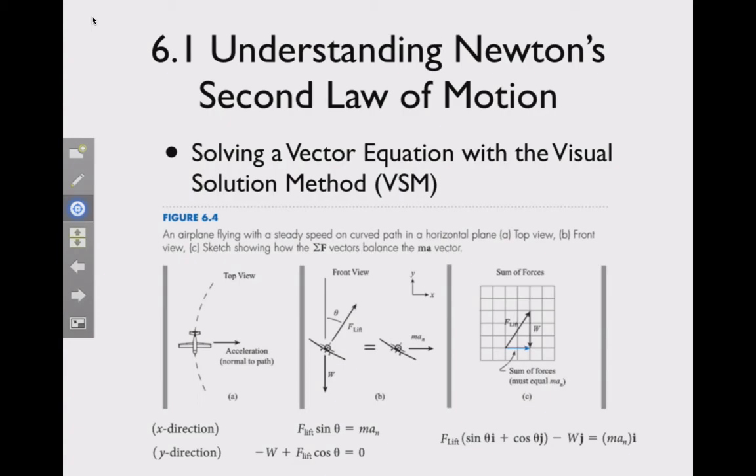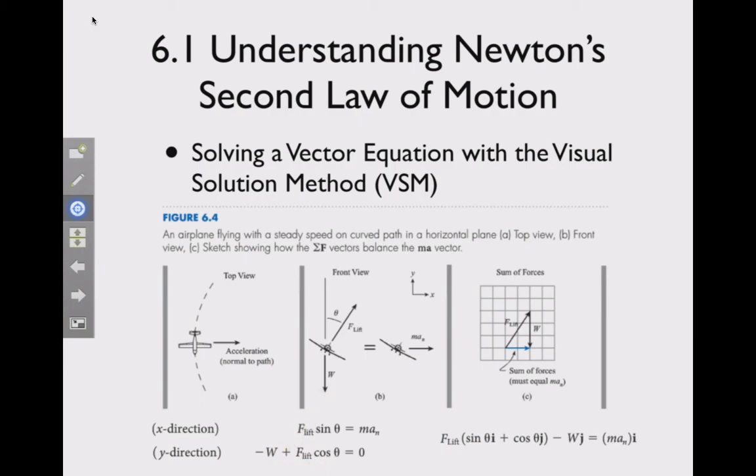This visual solution method takes these pictures, and you can then write down the forces from them. We can see that the sine of the lift force has to be equal to the mass times this acceleration, because the resulting force is along this line right here. The cosine of the lift force actually has to be equal to the weight.